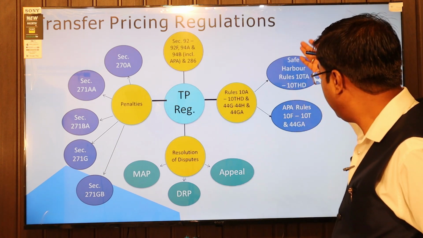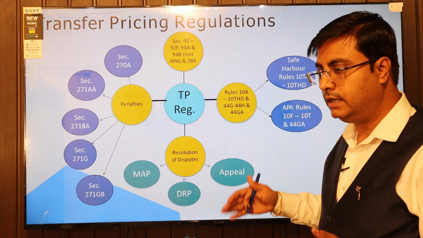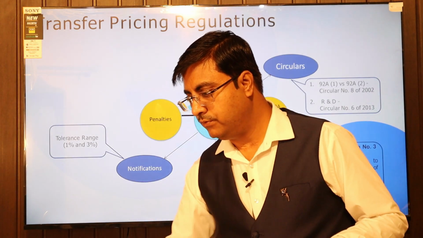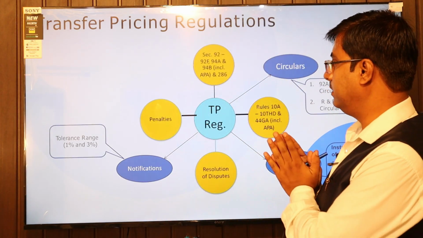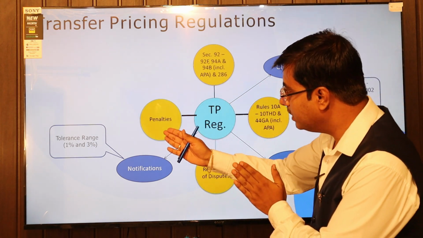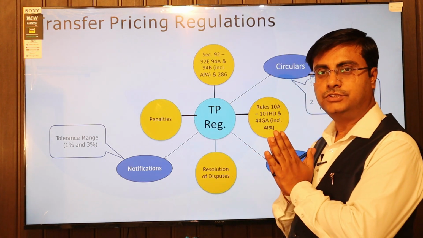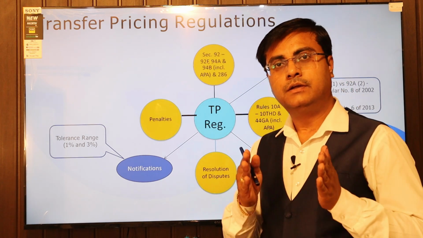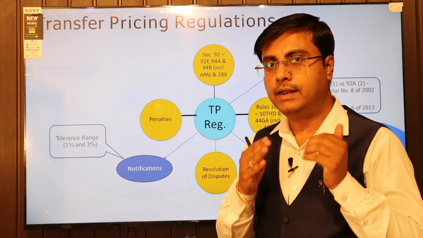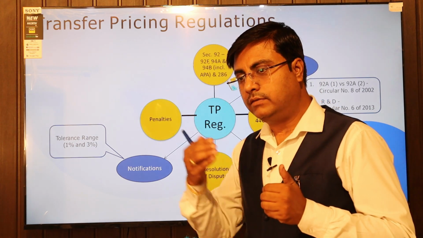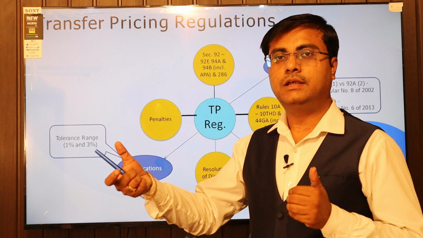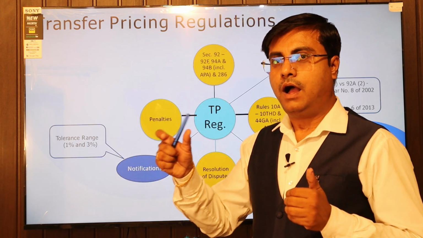We will cover the safe harbor rule and APA in our next session. Now we are focusing on transfer pricing. So let us discuss what the tolerance range is. In transfer pricing, we have to compute the arm's length price. Suppose we have taken some set of data, and on that basis there is an arm's length price.